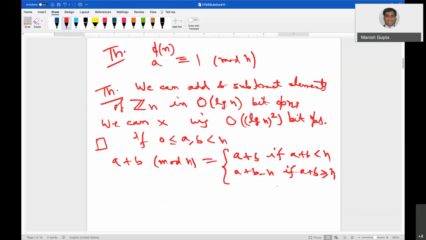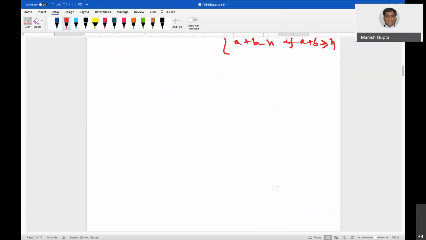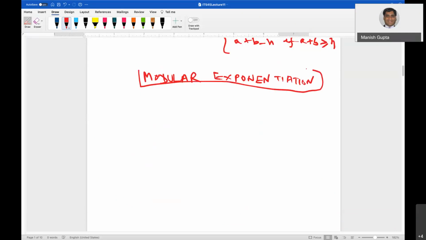Fine. So now the important thing we wanted to discuss today is modular exponentiation.